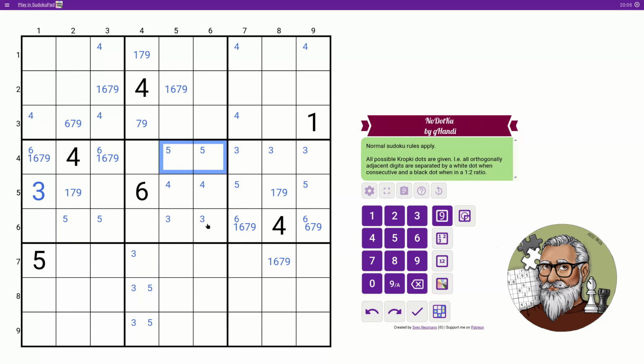Though I don't know what that is. I still need, well, this can't be 2. Okay, maybe it's a question of what could this be. Well, not really, because it can still be 1, 7, 9, and 8, right?